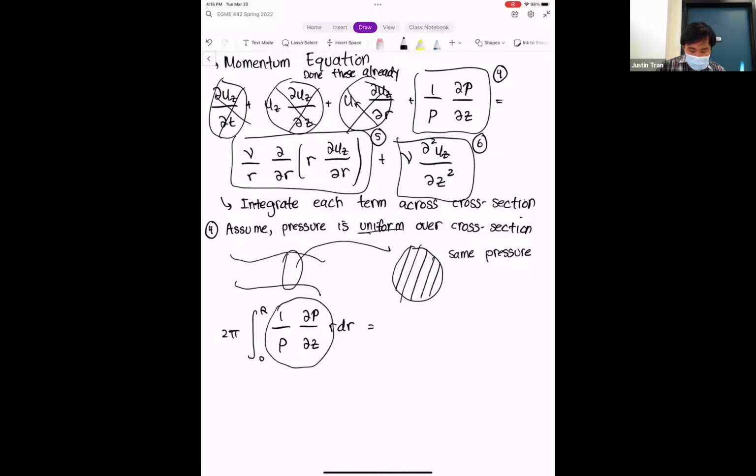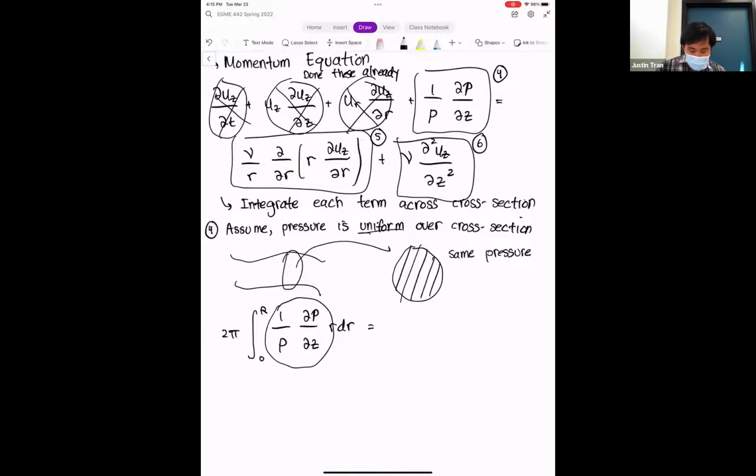The integral of r gives you r squared over 2, and plugging in the bounds, you get big R squared over 2 minus 0. The 2's cancel out, and you have pi big R squared.